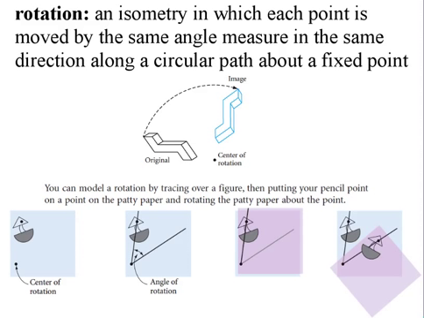Basically, I like to think about rotations as a clock, something I can put on a clock, where the center of rotation would be where the clock hands are in the middle. That's what a rotation is. It basically just moves around a circle.